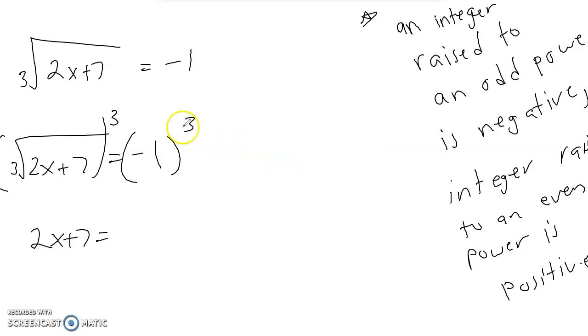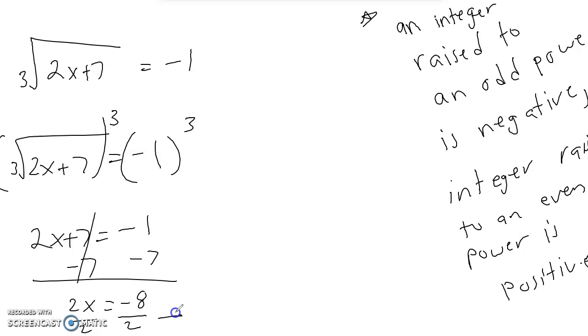Remember, any integer raised to an odd power is negative. So now we're going to continue doing inverse operations to solve for x. x equals -4. Same thing, if I wanted to check it, you would just substitute it back into the original equation.